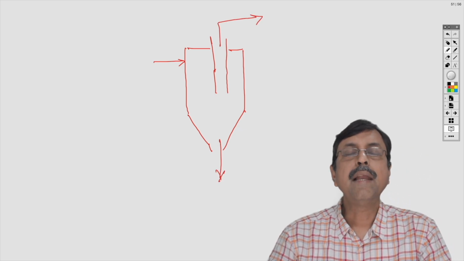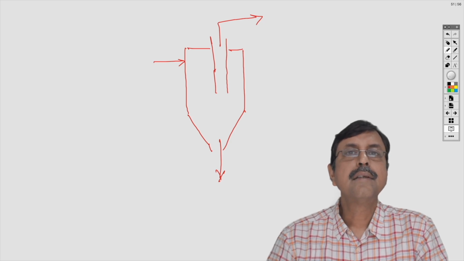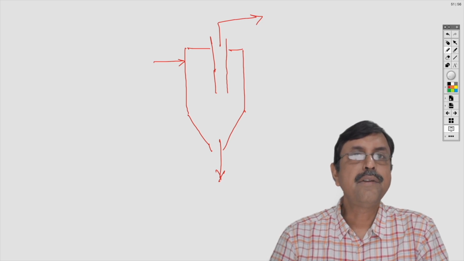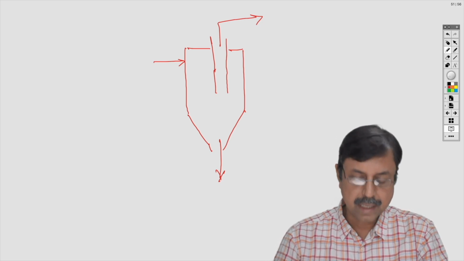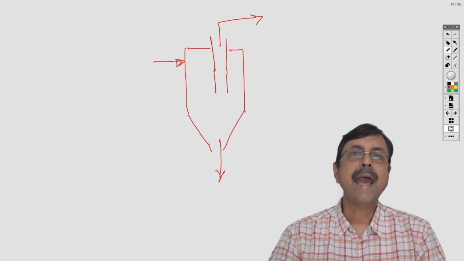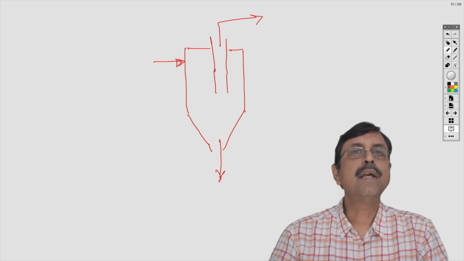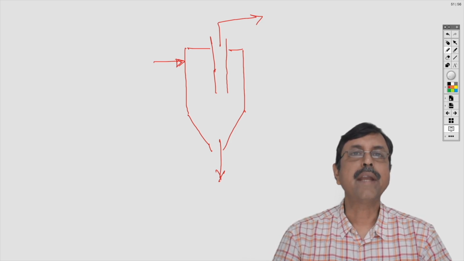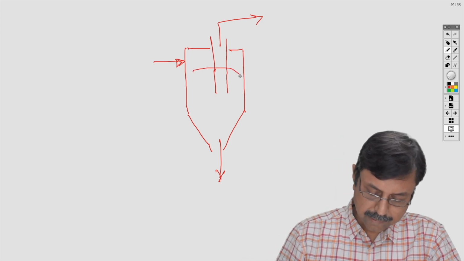top. Typically, the gas containing some particulate material is fed into the cylindrical portion tangentially like this, and as it is fed into the cylindrical vessel, it creates a vortex, something like this.